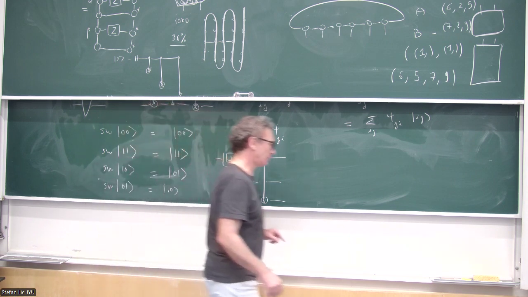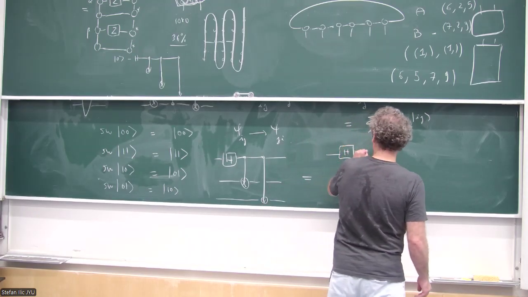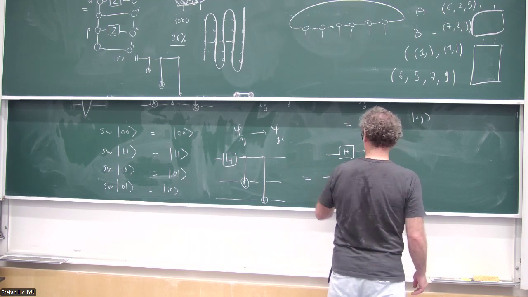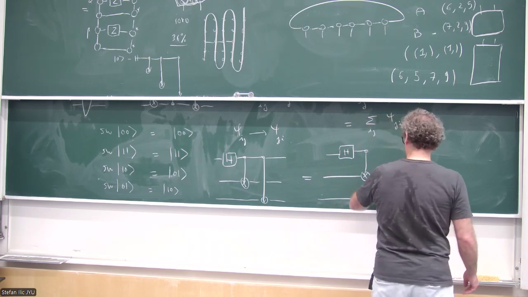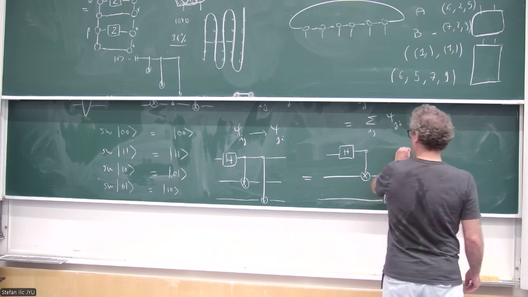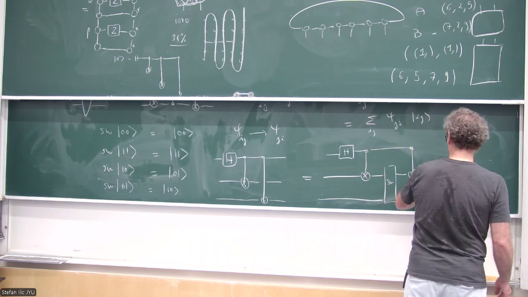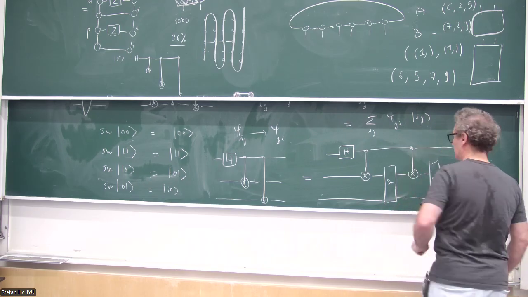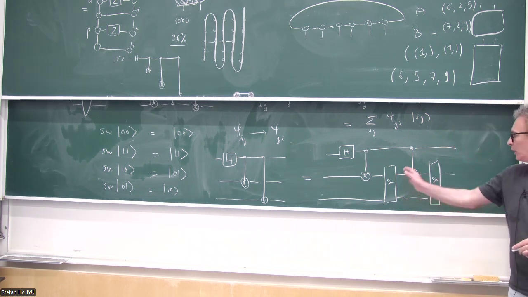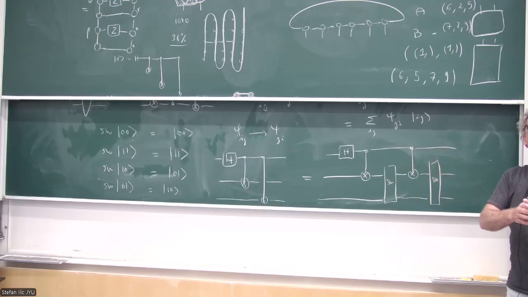What I can do instead is swap these two. Then I can do a control node between this and that. And then I can swap back to the last. And if you add enough swaps, you can bring any two gates close to where you want them, do whatever you want, and bring them back.